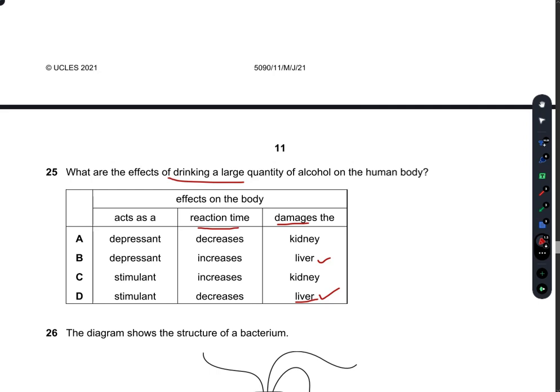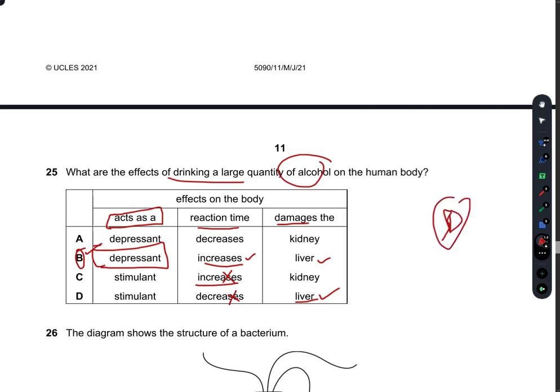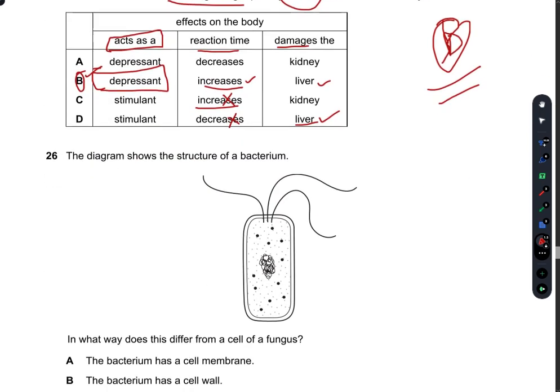The reaction time increases. We know this is a long term effect. A large quantity of alcohol is a depressant. We know this. It is not a stimulant. So B is the right option.